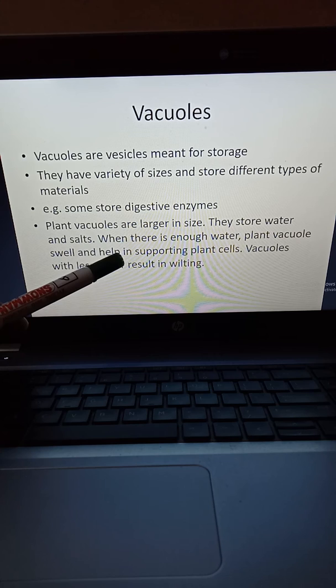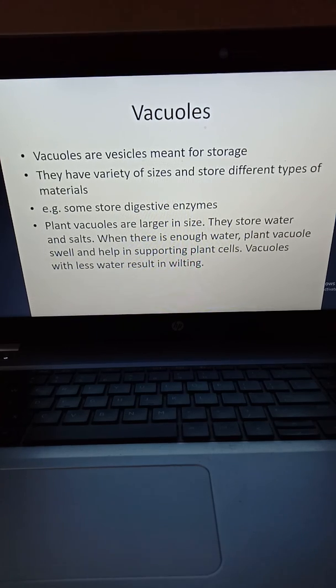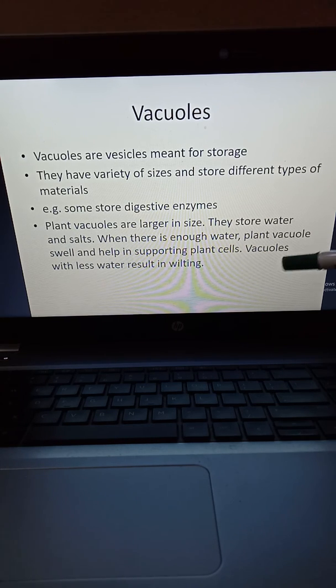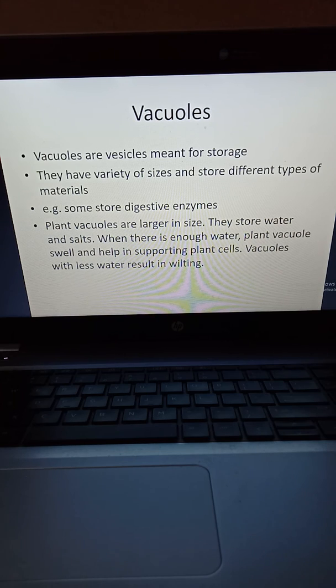And when there is enough water inside the vacuole, the plant cells swell up and look quite turgid. And if there is less water in the vacuole, the plant cells start wilting, meaning their cells start shrinking in size.